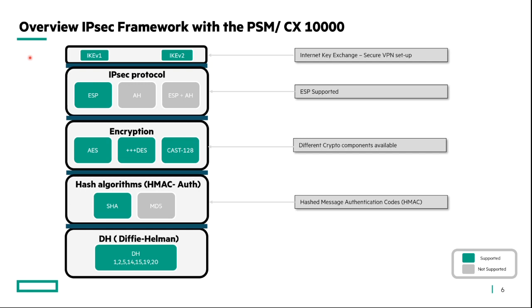SHA provides better security than MD5. And lastly, public key encryption is provided by the Diffie-Hellman suite of protocols for the key exchange to establish a secure connection between endpoint clients.